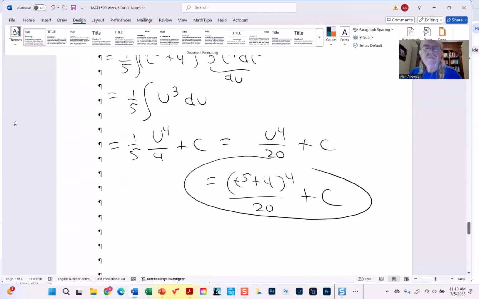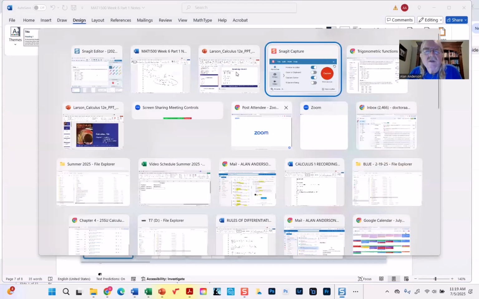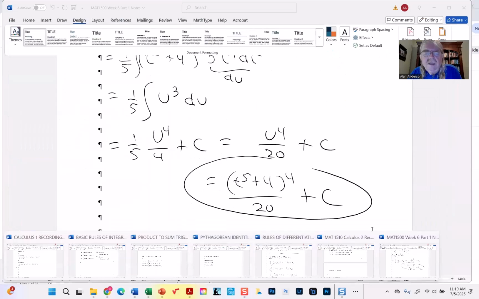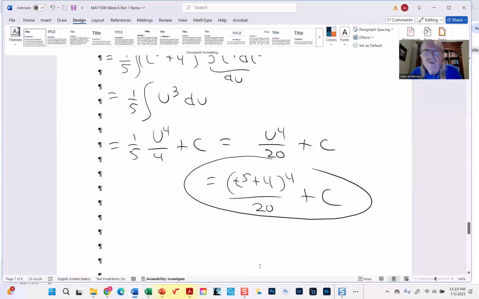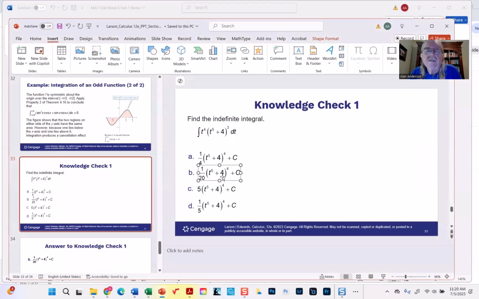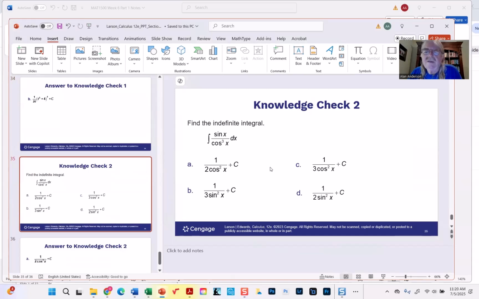And we're good. All right, let's see what choice that would be. (t to the fifth plus 4) to the fourth power over 20. It's B. Okay, great.